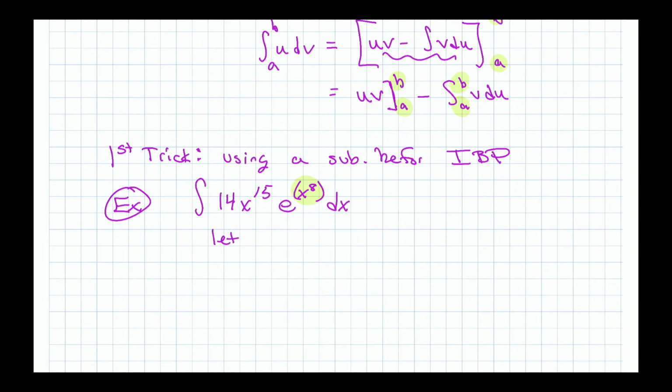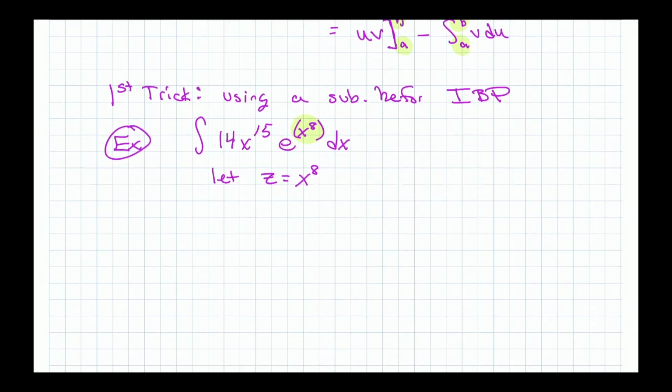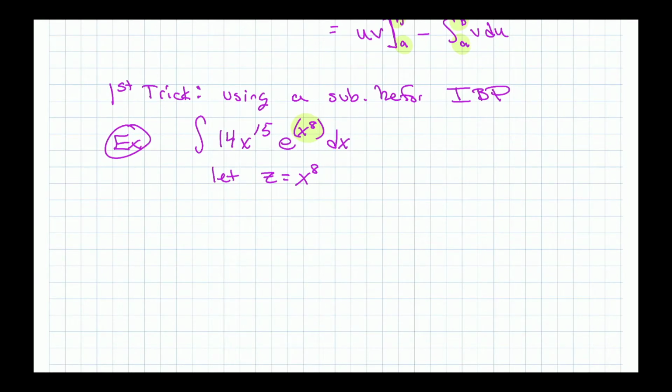So let z equal x to the 8, the inside function. That's what we want to be our u, usually. So that will tell you that dz is, taking the derivative, 8x to the 7th dx. Let's just divide that 8 over to the other side now. We have dz over 8 equals x to the 7th dx.